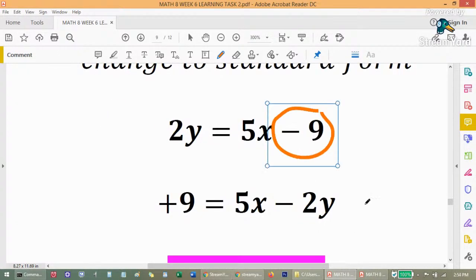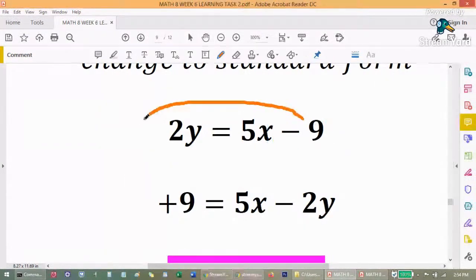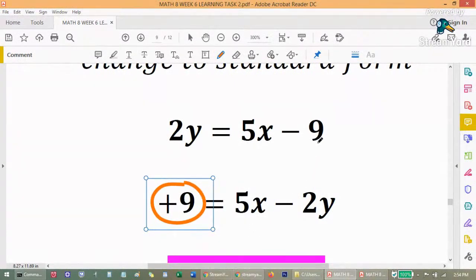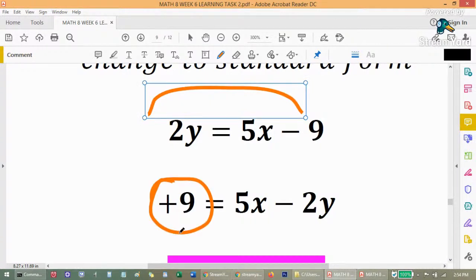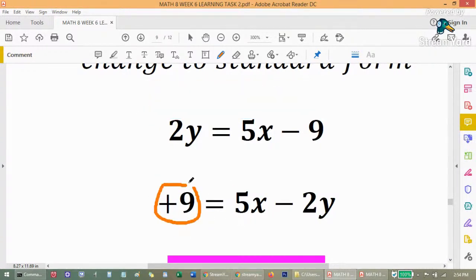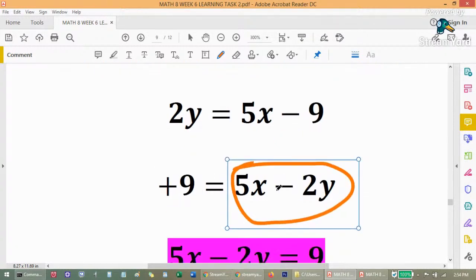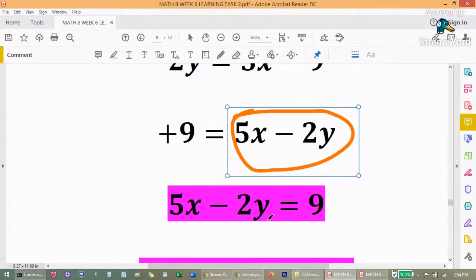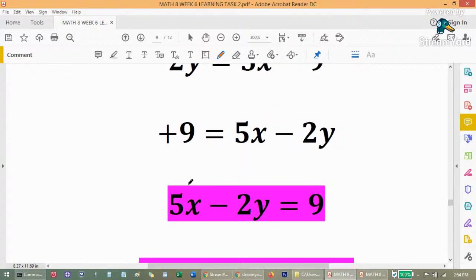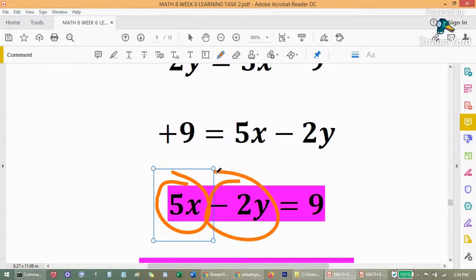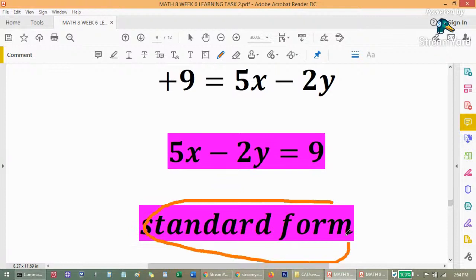And then itong negative 9, pag tinranspose natin sa kabila, magiging positive 9. Yung negative, pag nilipat natin sa kabila, magiging positive. So since positive 9 is equals to 5x minus 2y, therefore 5x minus 2y is equals to positive 9. Pwede nang alisin yung plus. And this is ax plus by is equal to c. Standard form.